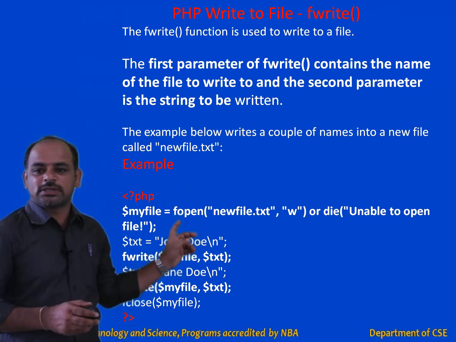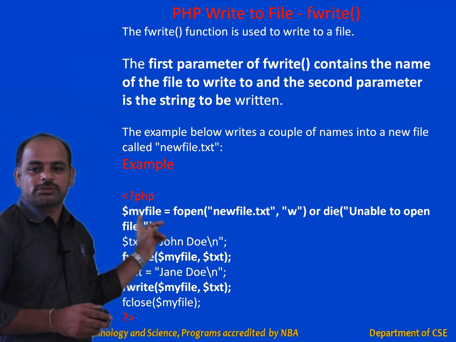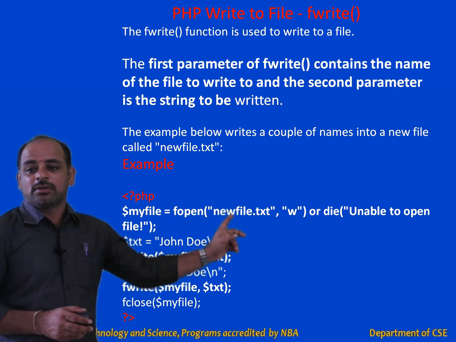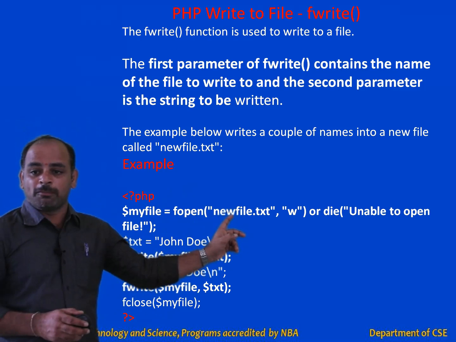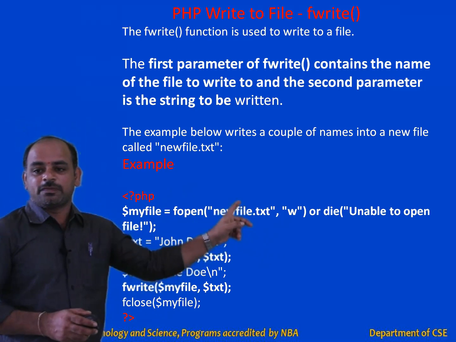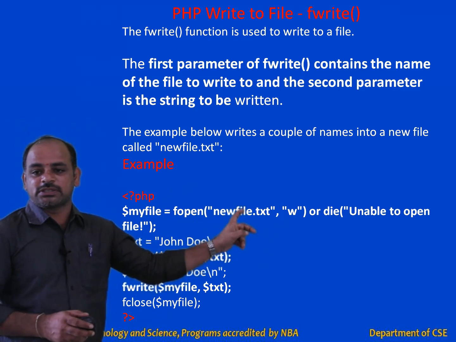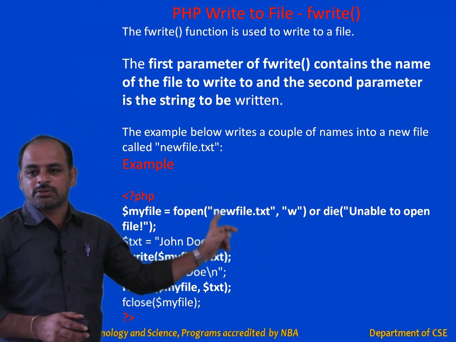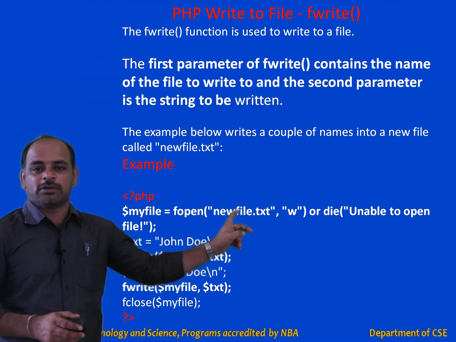You can see in this example, first the same procedure, my file and fopen, and this is the name of the file which you want to open, and you are opening the file in write mode here. If new file.txt already exists, the file will be opened and whatever previous data is there will be erased. If this file does not exist with this name, a new file will be created.